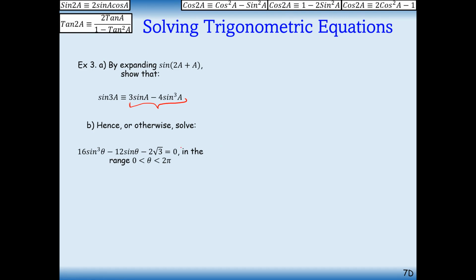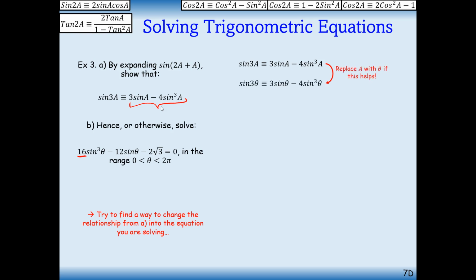Well, we can slowly build that up. It's fine. We have negative 4 sine cube, but here we have 16 sine cube. So if we multiply everything by negative 4 on this expression here, just replacing a with theta there.